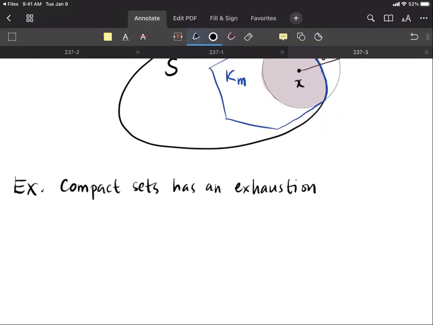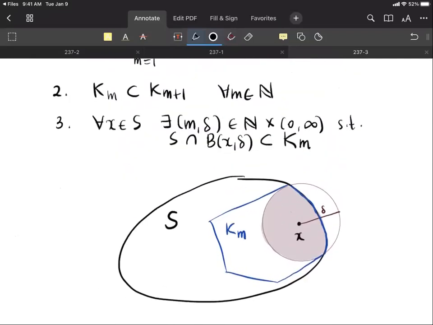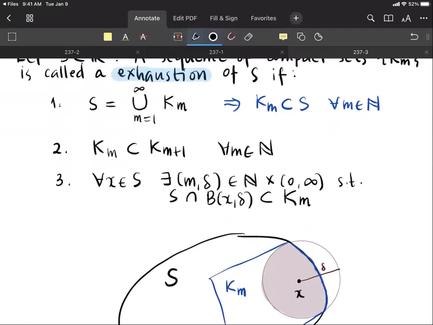For instance, if you take K to be compact in R^n, then you just take all sets to be K. And you can see immediately that all of these three properties are satisfied.